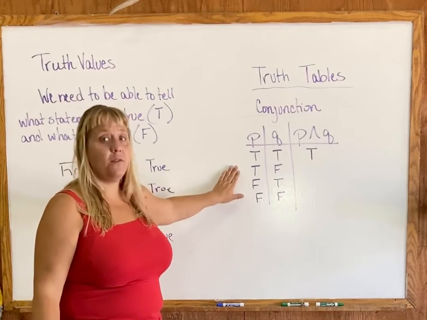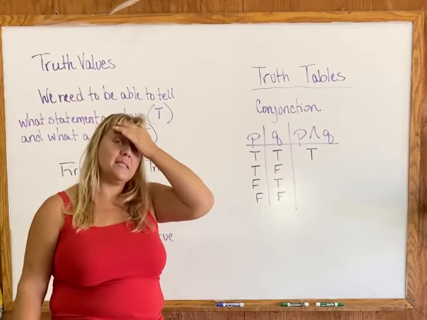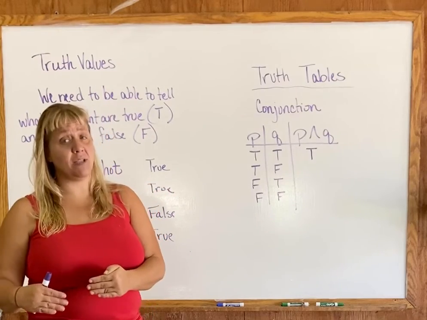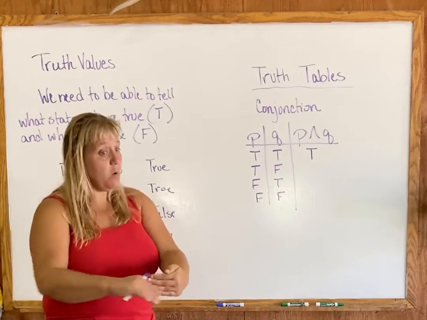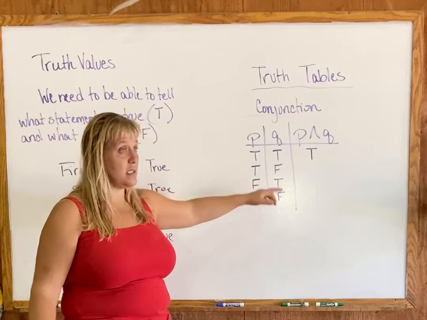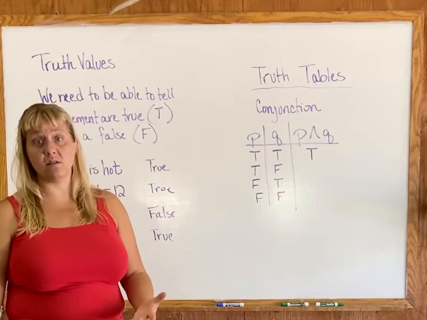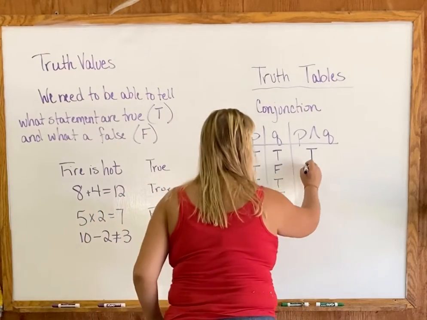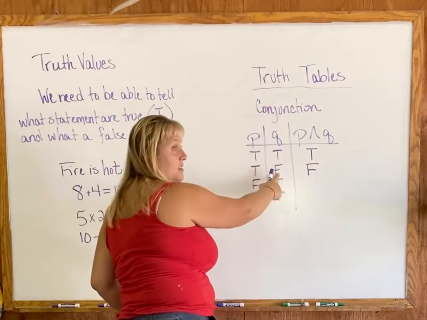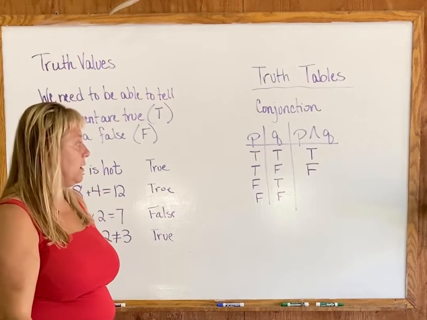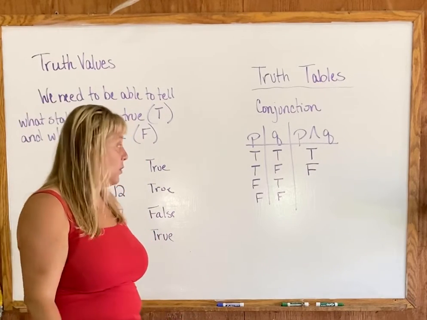Now, if the first statement is true, but the second statement is false, remember, we need both of these things at the same time. So when we bring both of them together, one of them is false. When we conjoin them, doesn't that kind of mean the whole thing is false? If both things need to happen, but one of them doesn't, then the answer there is going to be false. Same thing goes with the other way around.